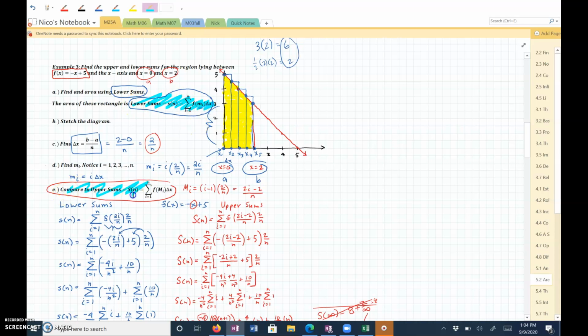There's the upper sum formula. They're basically the same. The only difference is m sub i and big M sub i. They're not always equal, but that's the difference in the formula. They are equal when n goes to infinity.